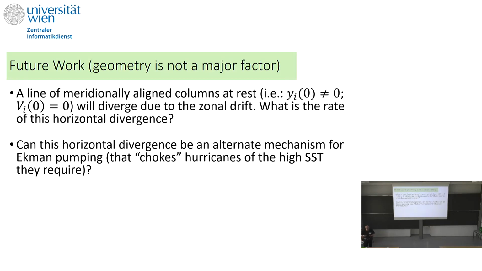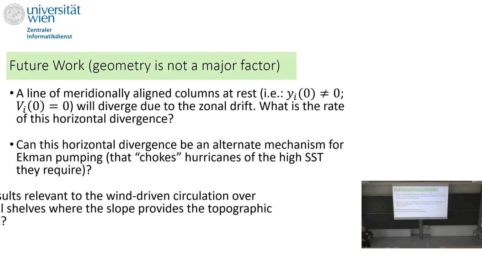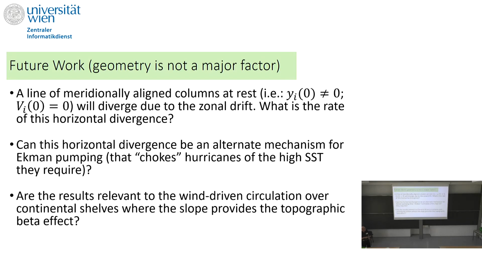Maybe it can. We can do the same thing to generate perhaps something that chokes hurricanes if it's sufficiently strong, but this has to be looked into. And just a wild idea: if you look at the wind-driven transport on the continental shelf, then basically the shelf provides us with the topographic beta effect.